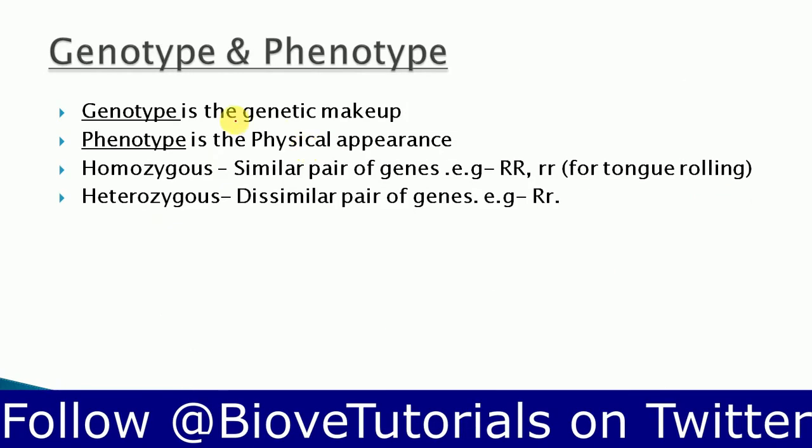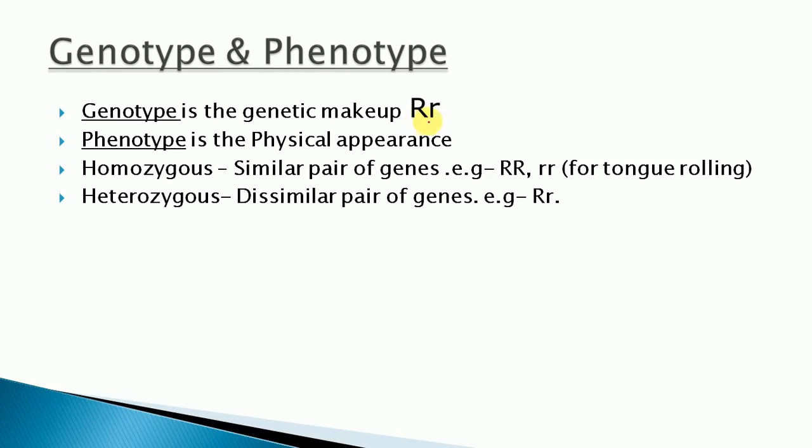Next is genotype and phenotype. What are genotype and phenotype? Consider a character like tongue rolling. For people who can roll their tongue, their genes can be capital R, small r, or capital R and capital R. In both cases the people can roll their tongue, but they have a different genetic makeup.